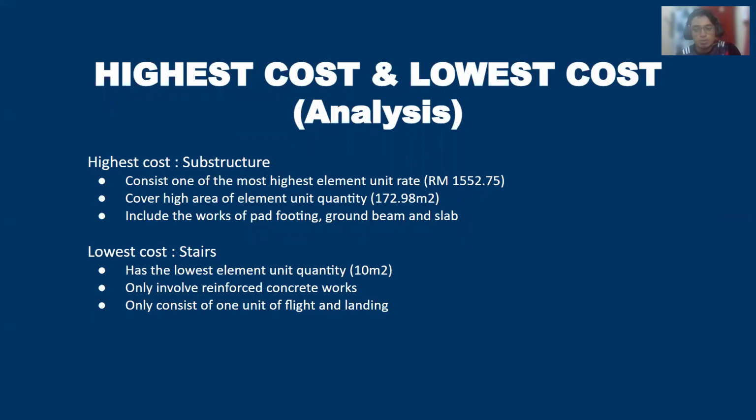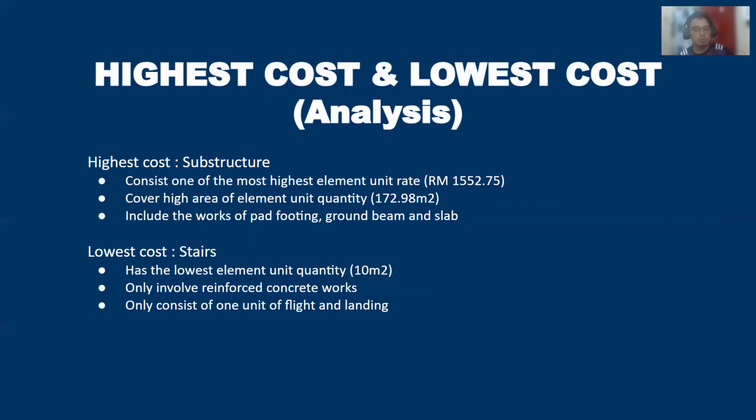So we move on to the highest cost and the lowest cost for individual element. The highest cost belongs to the substructure element, which has one of the highest element unit rates, which is 1,552 ringgit and 75 cents. This substructure element covers a high area of element unit quantity, which is 172.98 meters square, and it includes the works of pad footing, ground beam, and slab.